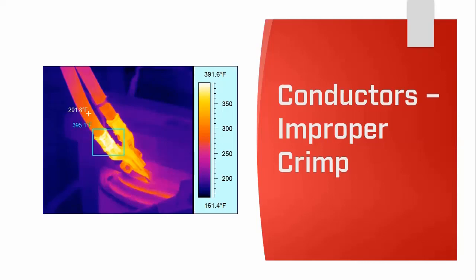One of the lugs is warmer than the other in this image, and the warm lug has the area box around it. The real problem is that the hot one is the good one in this case. The current on this termination is mostly thrown through the good connection, overheating it, because the other lug is poor and is not conducting as it should. The visual clues of damaged insulation give a good indication of previous or continuous overheating.